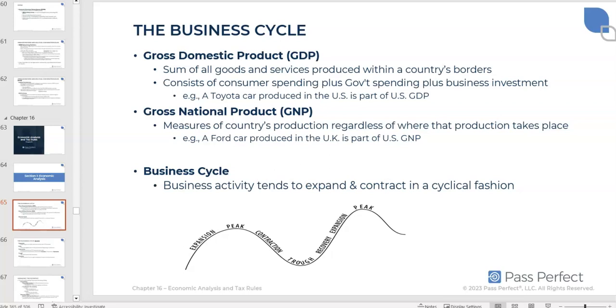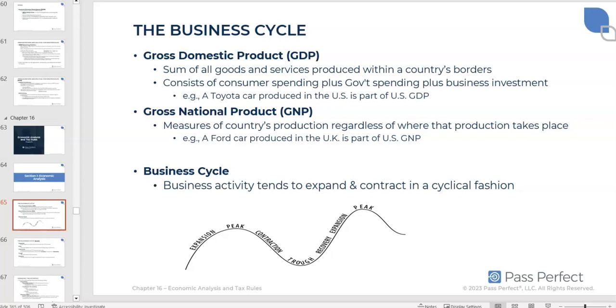Gross national product is everything that a country or its country's citizens produce, but it's produced anywhere in the world. So the Toyota factory in Ohio is part of gross domestic product because that's within U.S. borders, but it's not part of gross national product because it's not actually a product of a U.S. citizen or a U.S. company.